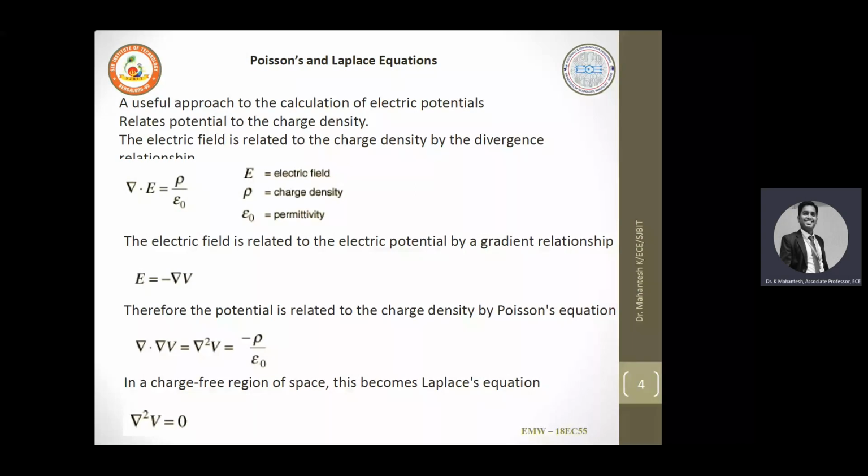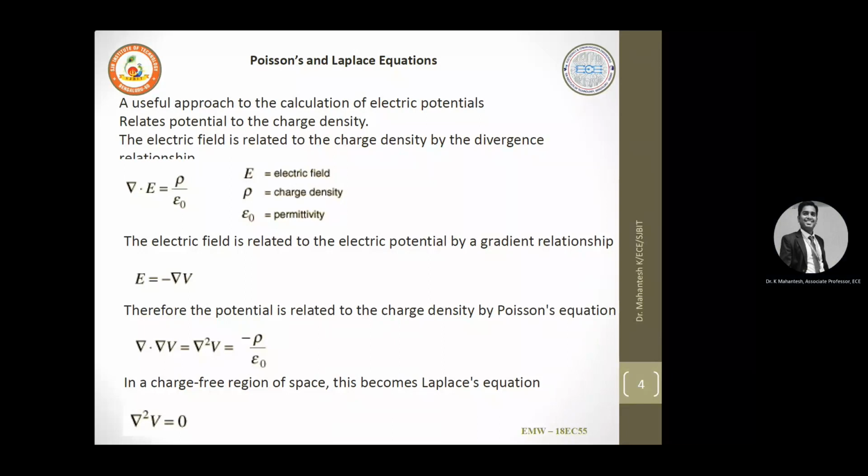So we have related the electric field with the charge density by the divergence relationship: del dot E is equal to rho by epsilon naught, where E is the electric field. But due to the potential gradient relationship with the electric field, we know that E is equal to minus del V, that is, the gradient of potential.